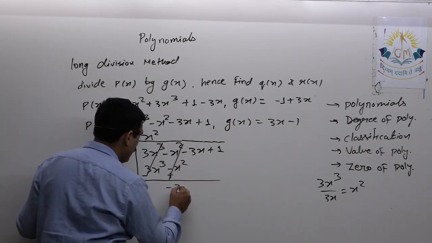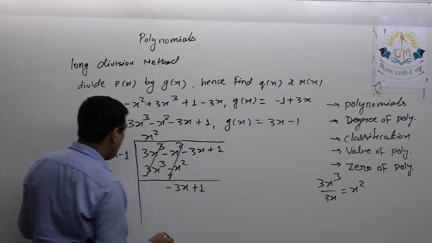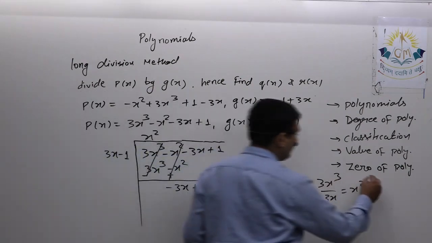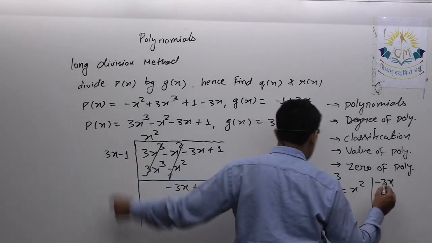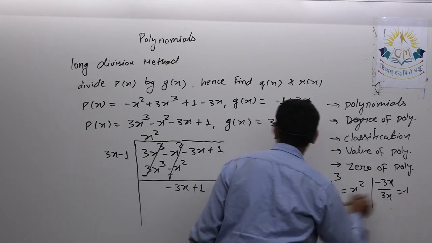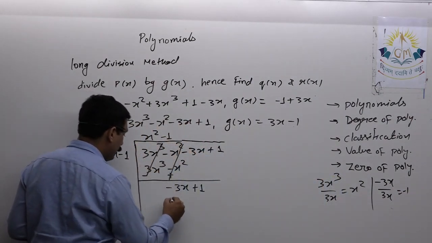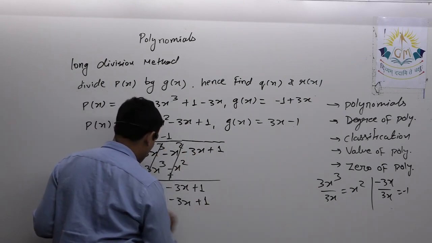Next, I bring down minus 3x. Again I do the same thing: I divide minus 3x, the first term of the new dividend, by the first term of the divisor. That gives me minus 1. Minus 1 into 3x is minus 3x; minus 1 into minus 1 is plus 1.